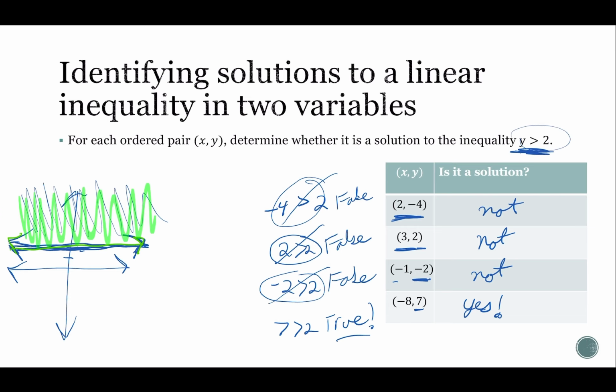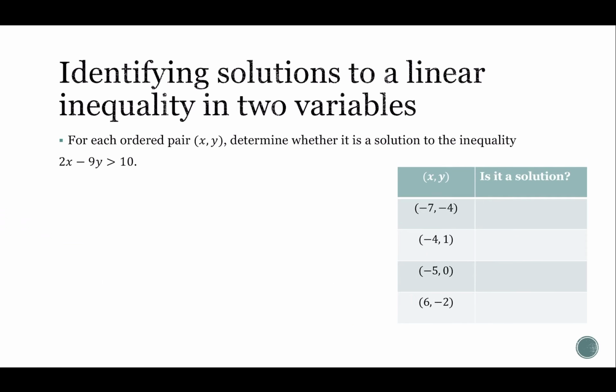Let's do another example. This time our inequality will have two variables. We're still working in two variable land, but the last one was a horizontal line, so it only had one variable. Here would be a line with either positive or negative slope. We could calculate it out, but we don't need to because we're just trying to determine if these points satisfy the inequality. So I'm going to do this by substitution.